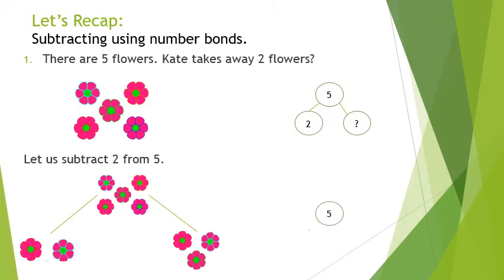First circle 5, minus, second circle 2, and the answer you are going to write in the third circle, that is 3. Clear? So this was the example for number bonds. This was the recap. Now we'll start with the new topic of this lesson. Clear?